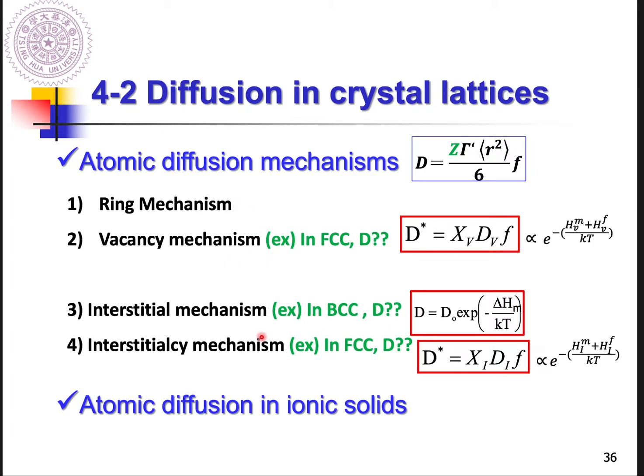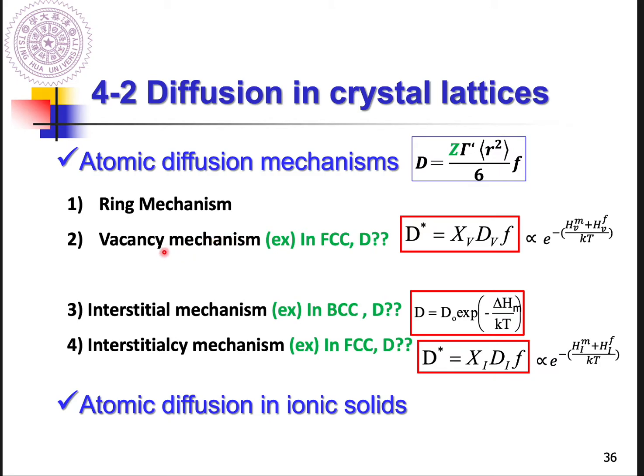So this is the rough introduction. We have given you a brief review of 4 different kinds of diffusing mechanisms in crystals. Next, we are going to show you another case and emphasize the vacancy mechanism part.